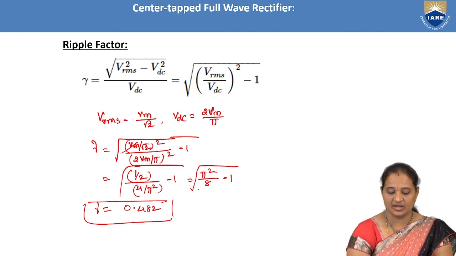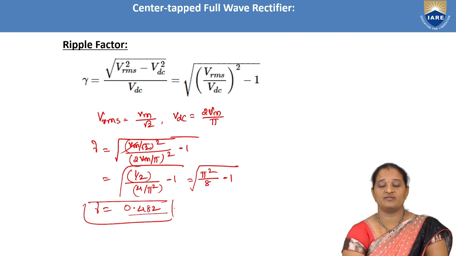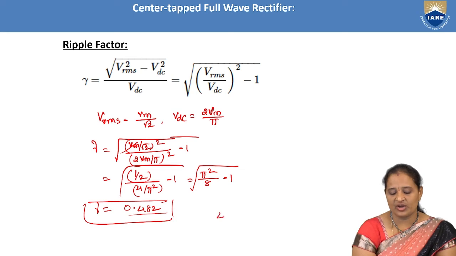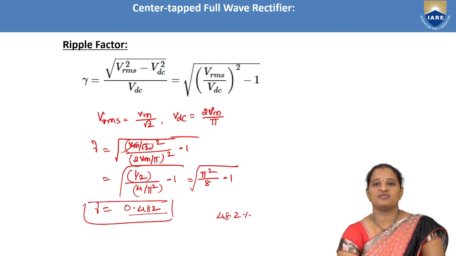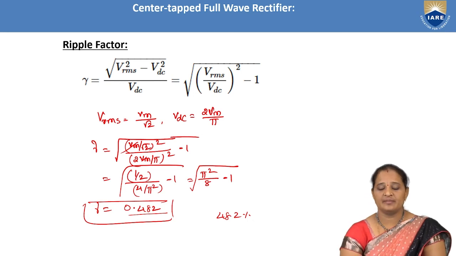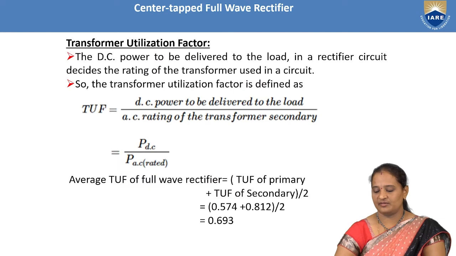That means if you take the value, that is pi square by 8 minus 1 under root, it will give you 0.482. That means 48.2% of ripples are present in the output of full wave rectifier. So this is the ripple factor of a full wave rectifier.